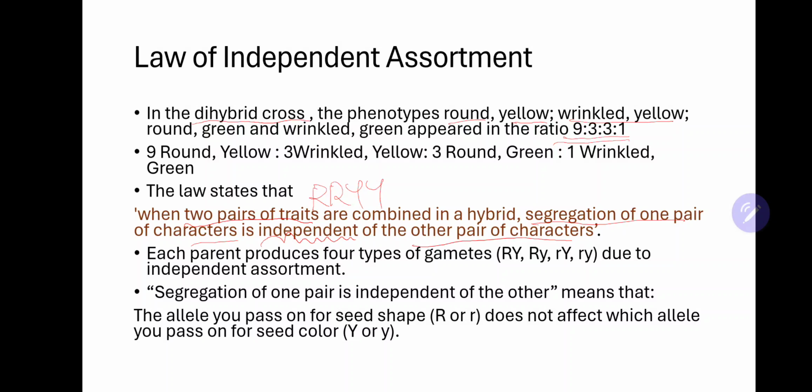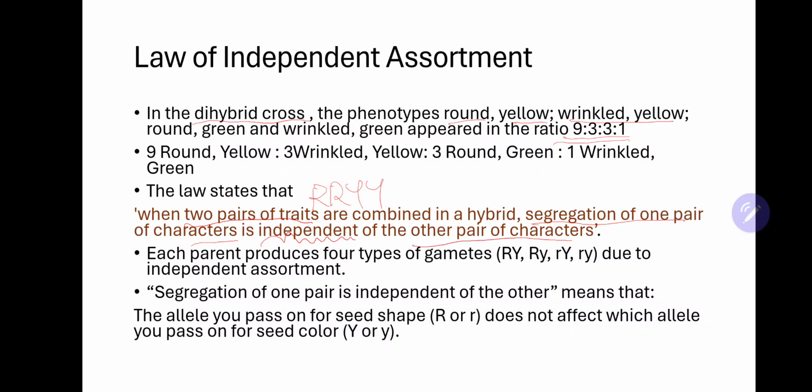That means the segregation of one pair of characters, in the case of seed color and seed shape, the segregation of seed color will be independent of the other character, that is the seed shape. So the seed shape and the seed color will be independently segregated to the next generation.